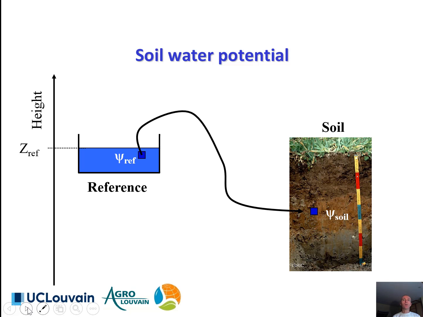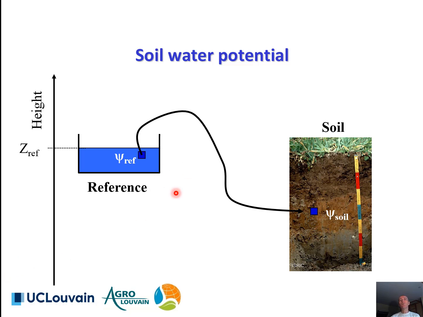A convenient and practical way to handle this potential energy can be followed by introducing the soil water potential. This soil water potential is defined as the work we need to develop to transport water from a given position in the soil towards a reference position somewhere else.